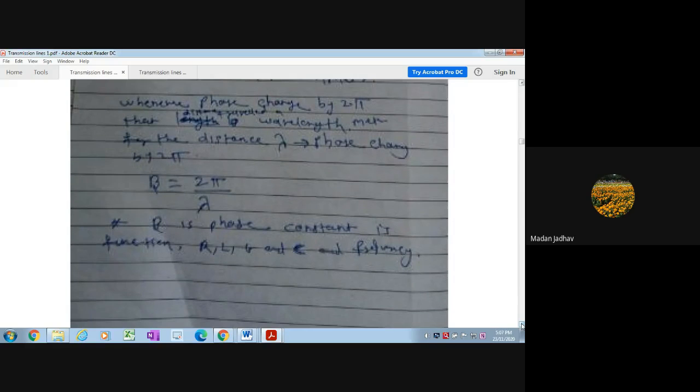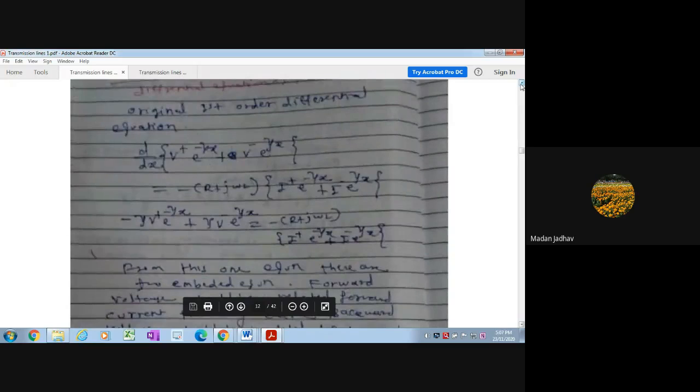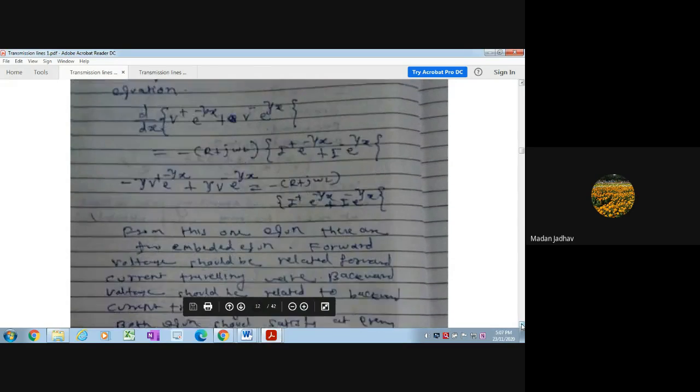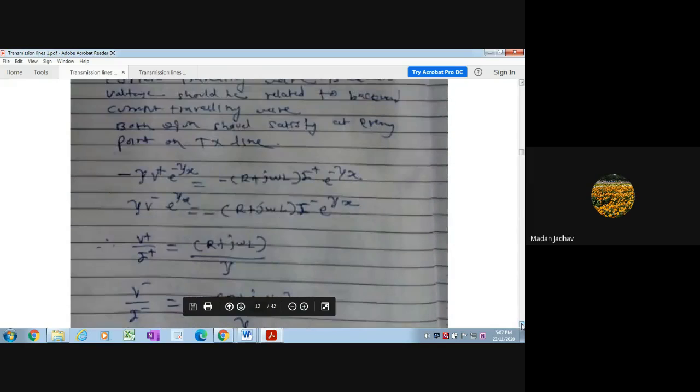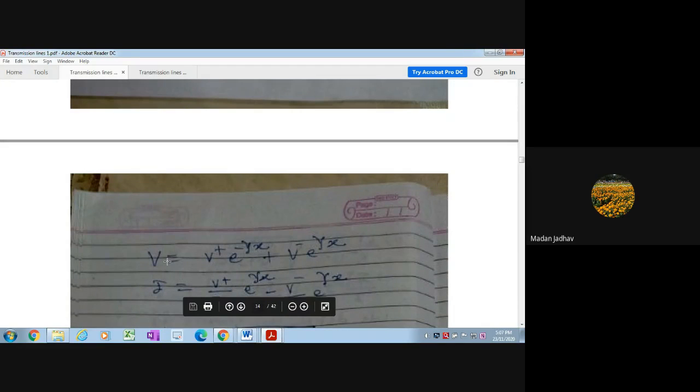Therefore, when we get the equation for the voltage, that equation has two parts. Now this is the equation for the voltage. This is the first part and this is the second part.